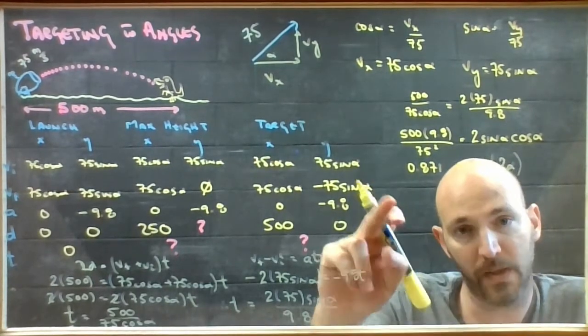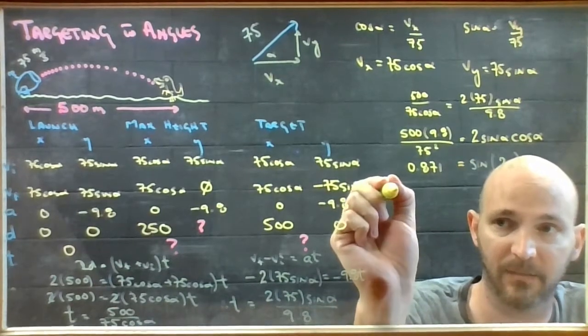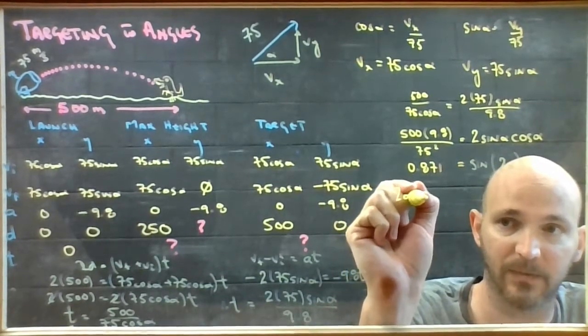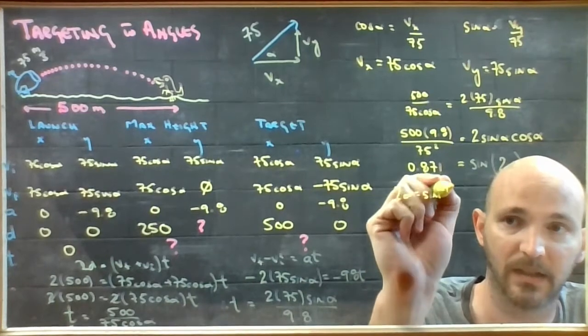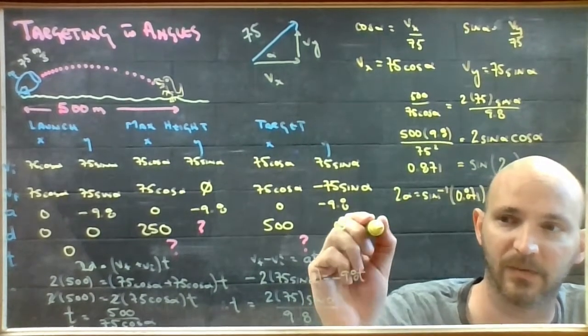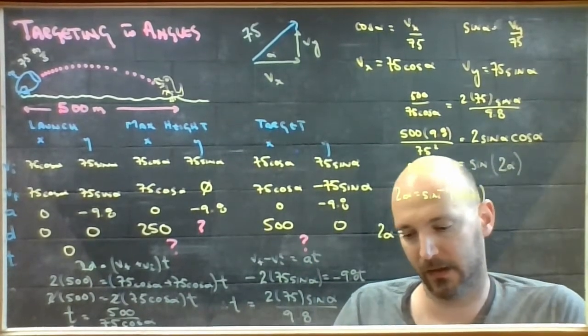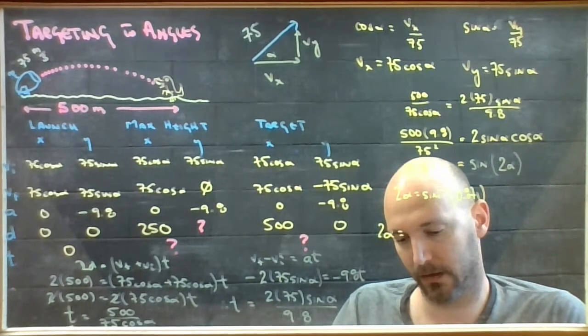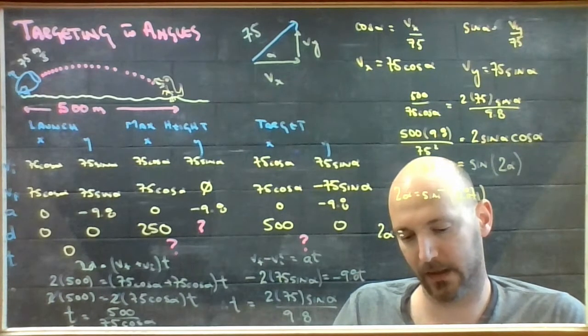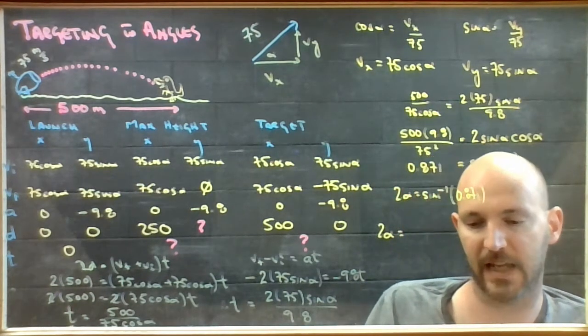So I've boiled this down to a trig function, so I'm just going to have to arc sine both sides. So 2 alpha equals sine negative 1 of 0.871. So 2 alpha will equal, let's see, arc sine of 0.871 gives me 60.58 degrees.